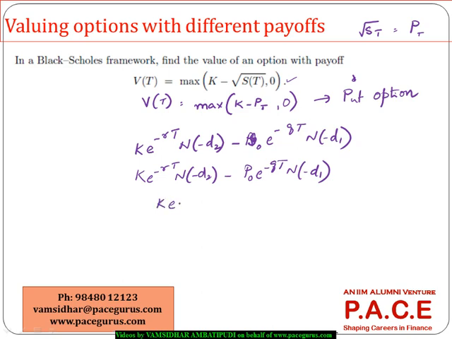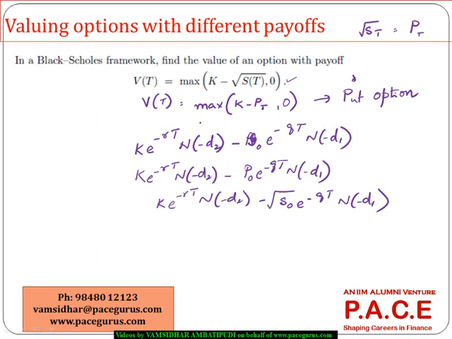So I can write it as K e^(-rT) N(-d2) minus square root of S0 e^(-qT) N(-d1). That is the typical value that can come out for a put option on the maturity date.